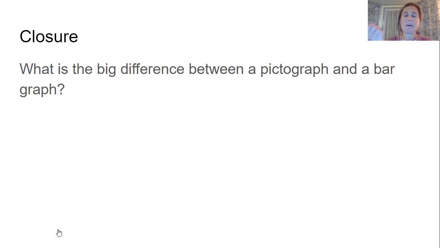If you're talking about the amount of lemonade sold on each day, a bar graph would show you a bar for each of the days that you sold. A pictograph is going to give you a picture that's worth an amount, and the number of pictures will tell you how many glasses of lemonade were sold.